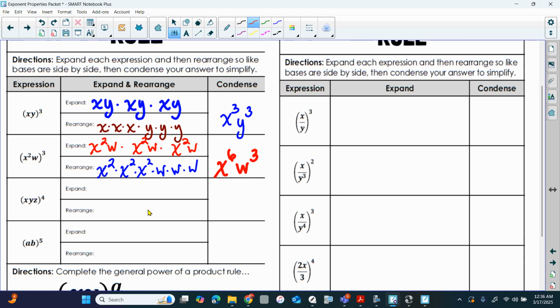and then see if you can get to the condensed form. There is a pattern, and this one might be a little bit harder to see, because what ends up happening is the exponent outside ends up having to distribute to each base inside the parentheses. So hopefully you saw this condensed was going to be x to the fourth power, y to the fourth power, and z to the fourth power.